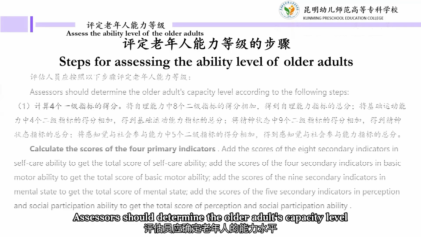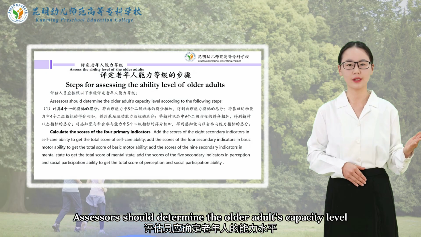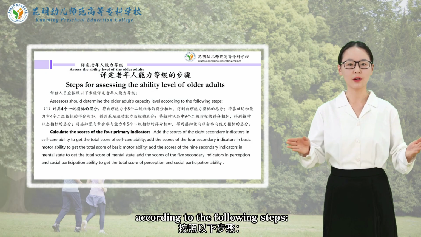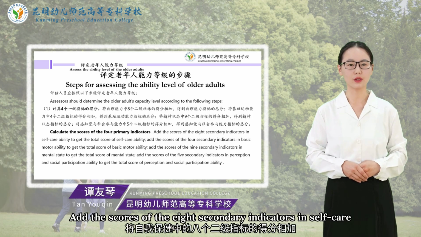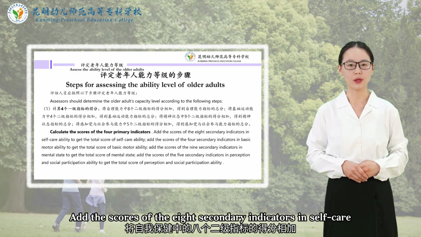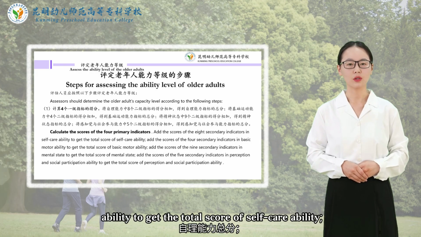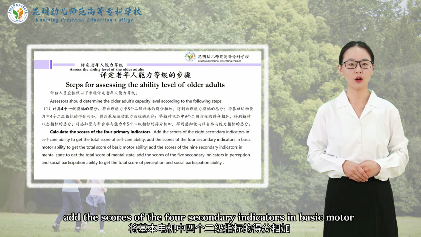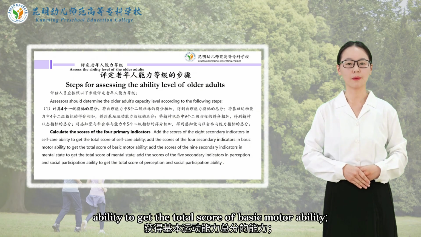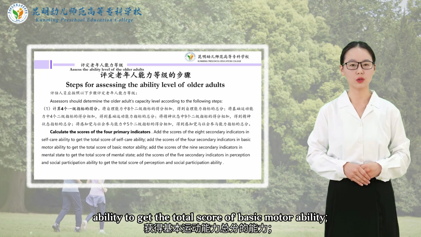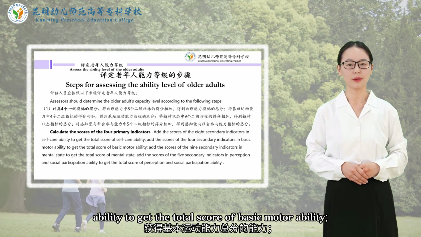Assessors should determine the older adult's capacity level according to the following steps. 1. Calculate the scores of the 4 primary indicators. Add the scores of the 8 secondary indicators in self-care ability to get the total score of self-care ability. Add the scores of the 4 secondary indicators in basic motor ability to get the total score of basic motor ability.